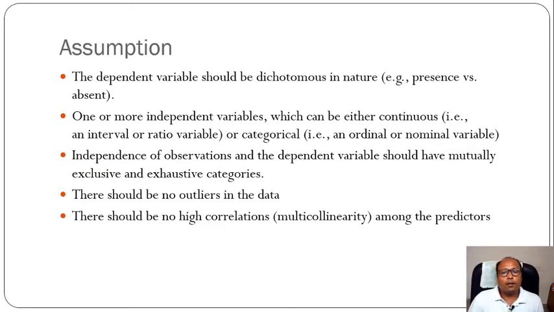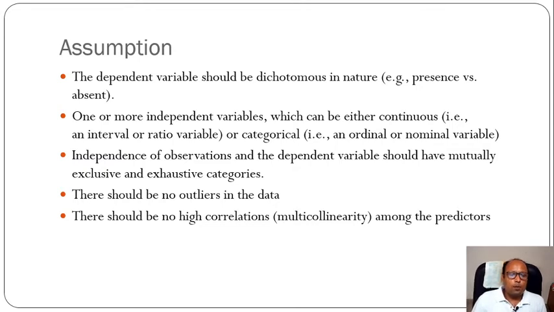One or more independent variables. The independent variable can be either continuous, interval or ratio, as we have already discussed. Observations should be independent, and the dependent variable should have mutually exclusive and exhaustive categories. There should be no outliers in the data, so make sure that you check for outliers before you perform the logistic regression analysis.